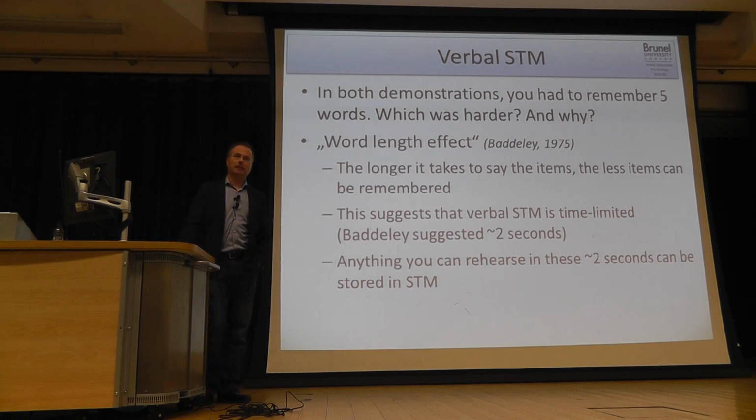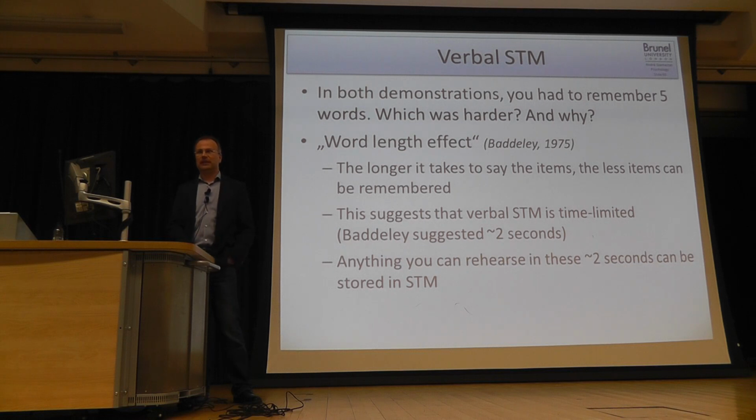For instance, when you have read the Gobet textbook, you will have come across that in Welsh, for instance, it takes longer to say numbers, just by the nature of the language.